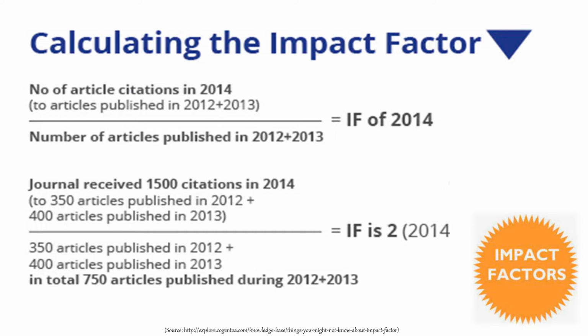So, say a journal received 1500 citations in 2014 to the 350 articles published in 2012 and 400 articles published in 2013, divided by the 350 articles published in 2012 plus 400 articles published in 2013, which is a total of 750 articles published during 2012 and 2013. So the impact factor comes out to be 2 for 2014.